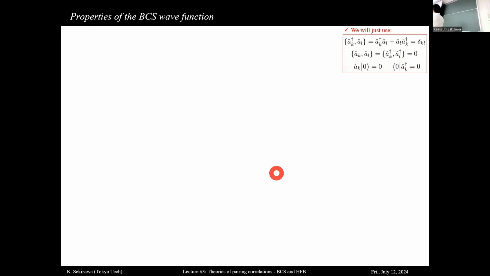In this lecture, I will derive many equations using the relations between the creation and annihilation operators. In the case of fermions, a_k† and a_k, as you know, obey anti-commutation relations. This curly bracket corresponds to this anti-commutation.